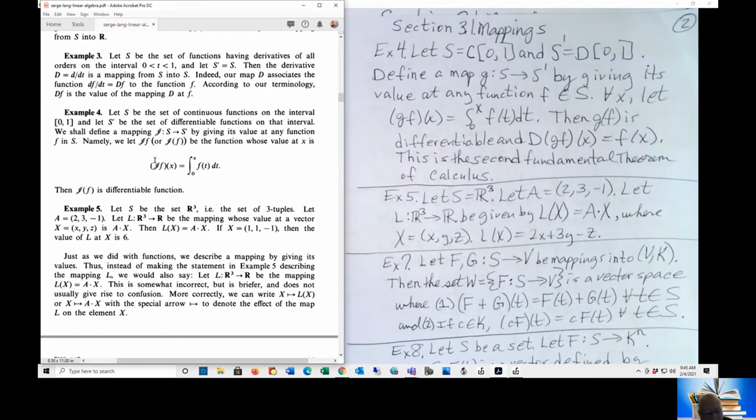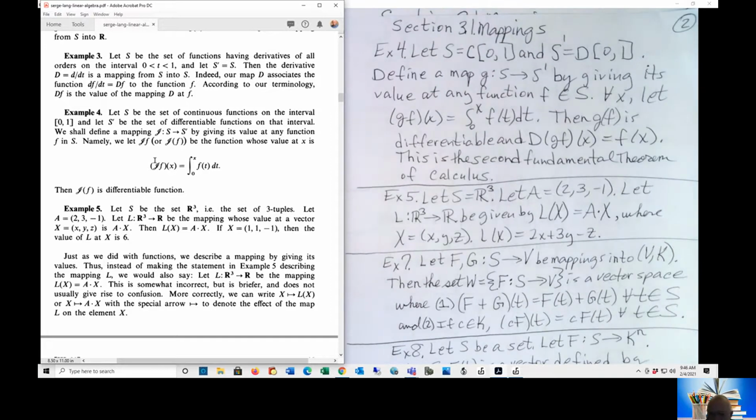And then example 5, let S be R3. And let A be an ordered triple, say 2, 3, negative 1. Let L be a mapping going from R3 into R, given by L of x equals A dot product with x, where x is the ordered triple x, y, z.